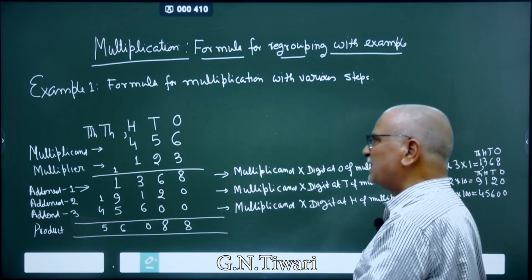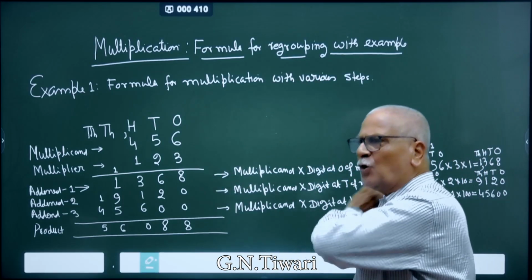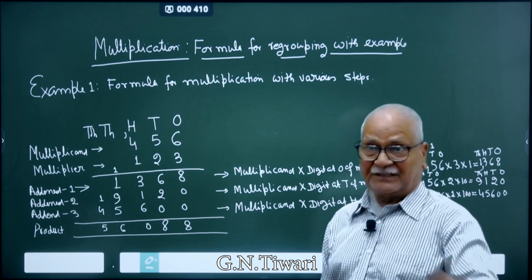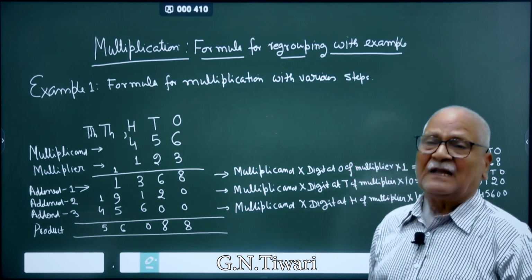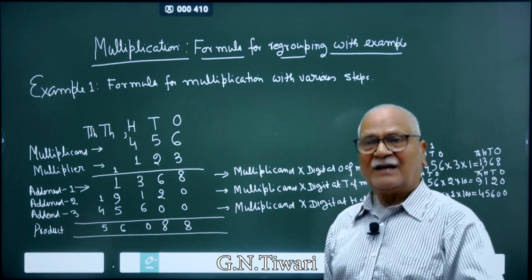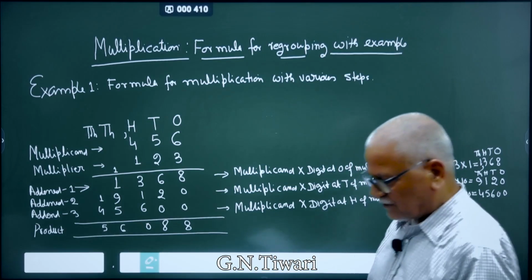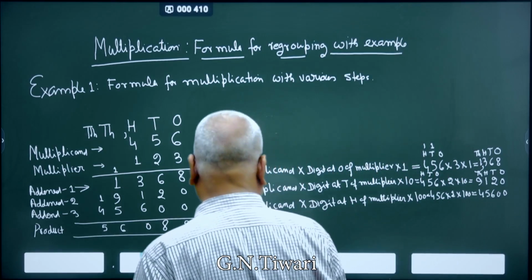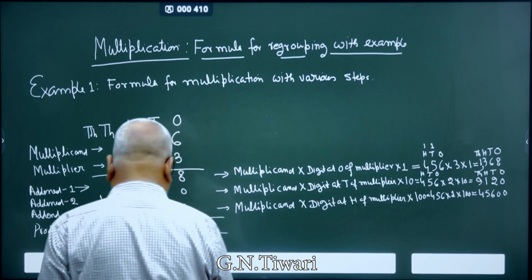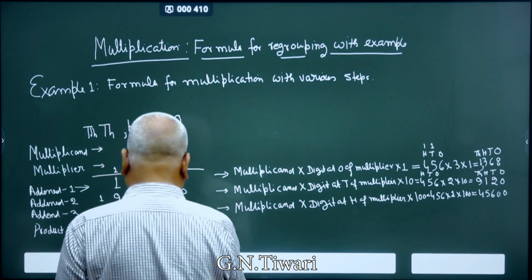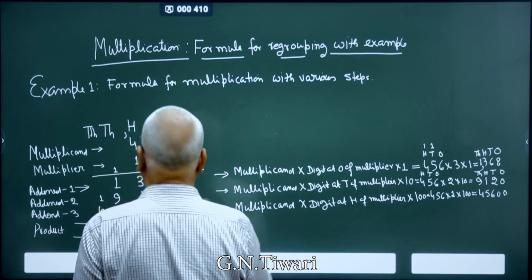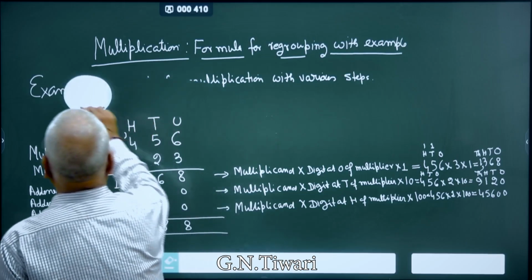If the student understood this, there is no problem for multiplication of anything. Now I am going to give various questions where the student has to do the multiplication and solve them. One by one I am erasing this, and if I get time, I will do some more examples.